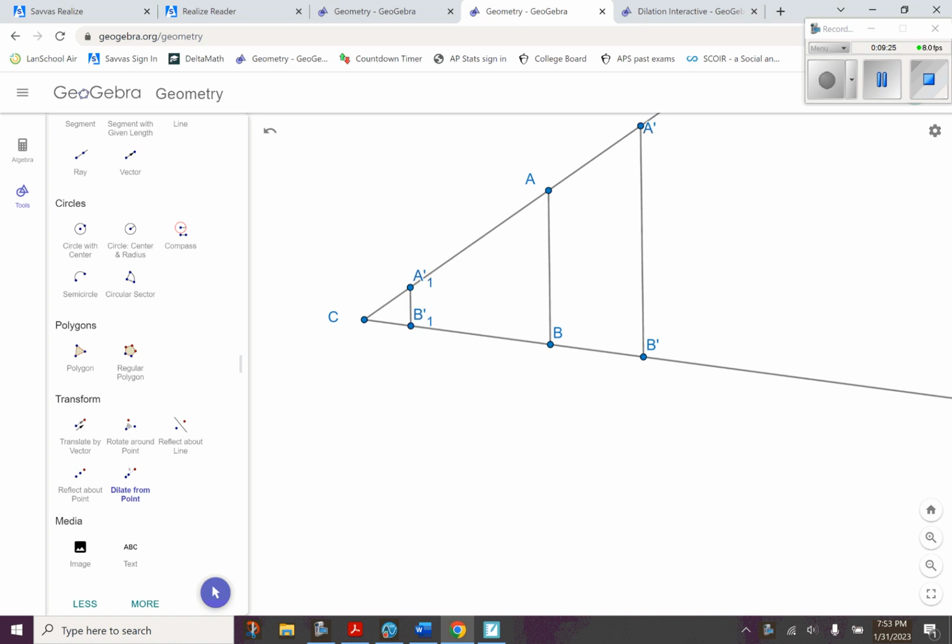Now, if you compare segment AB to the longer one here, A prime B prime, and you compare both of those to the really short one here, you should notice that they are all parallel to one another.